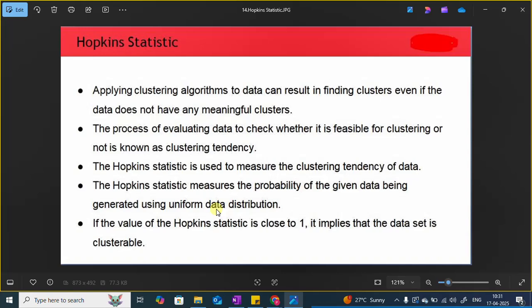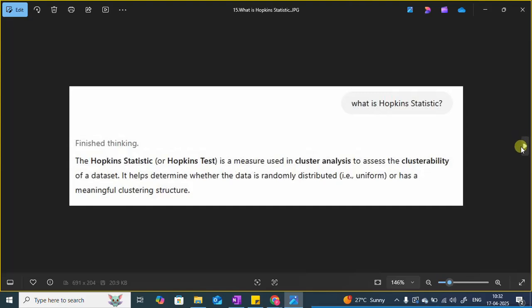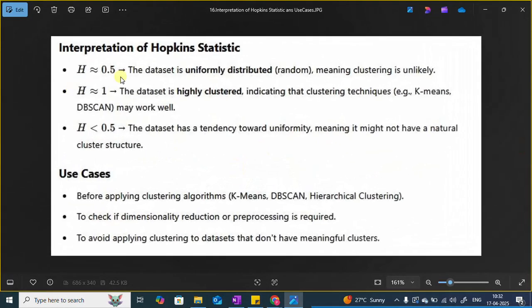If the value of the Hopkins statistics is close to 1, it implies that the data set is clusterable, as I told you. If it is equal to 0.5, the data set is uniformly distributed, that is random, meaning clusters are unlikely. If it is less than 0.5, it is towards uniformity, meaning it might not have a natural cluster structure.